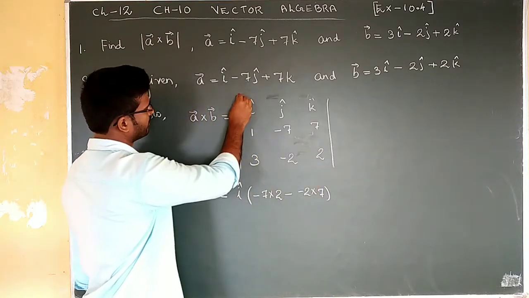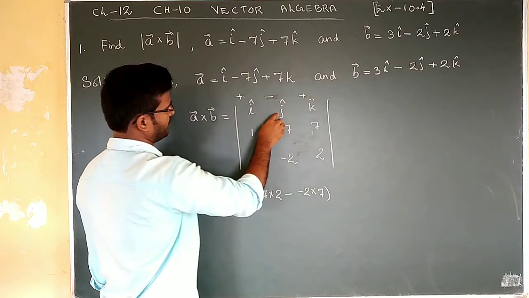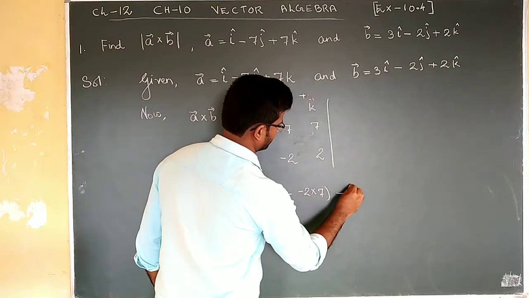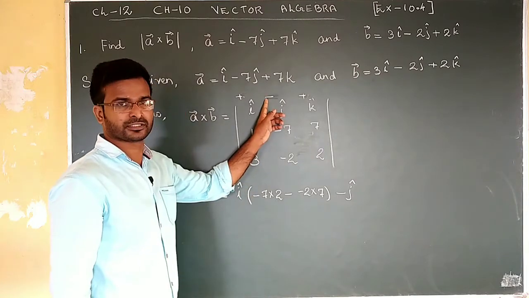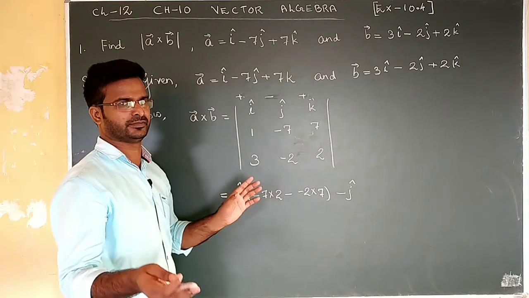The next term, the sign is minus j. Here the signs alternate: plus, minus, plus, again minus, plus, like that.